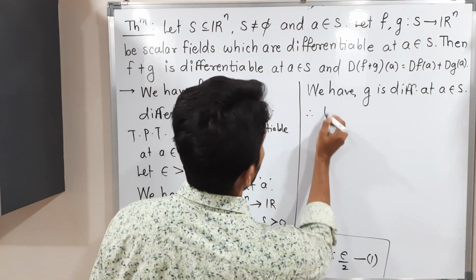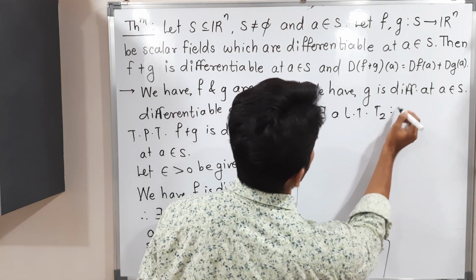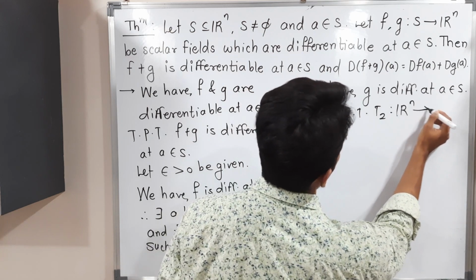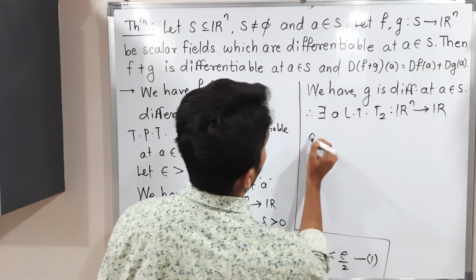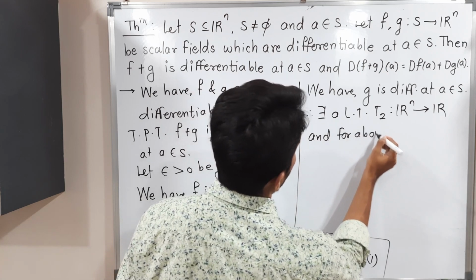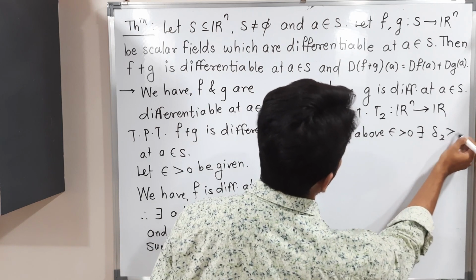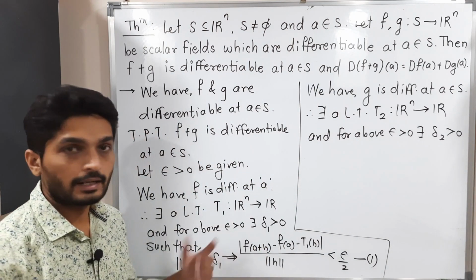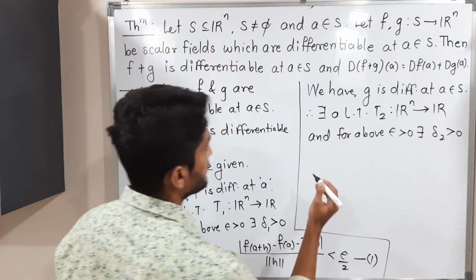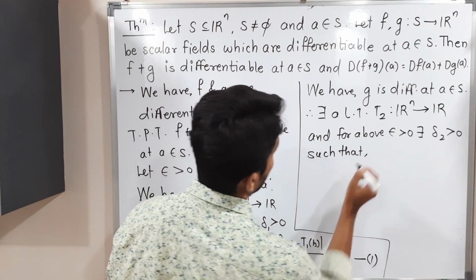Therefore there exists a linear transformation T2 from Rn to R, and for the above epsilon greater than 0 there exists, I will take delta 2 here, since we have already called it delta 1. So delta 2 greater than 0 such that, I am going to simply write the definition.